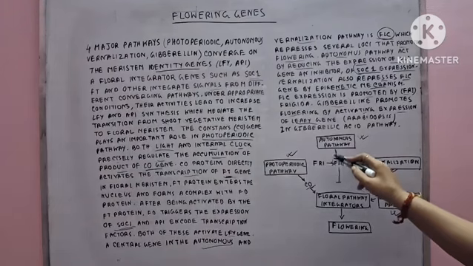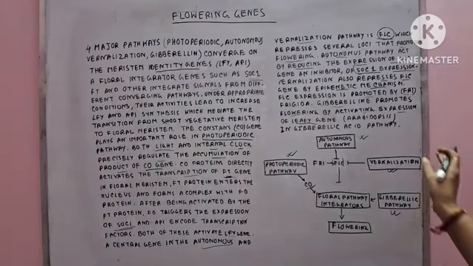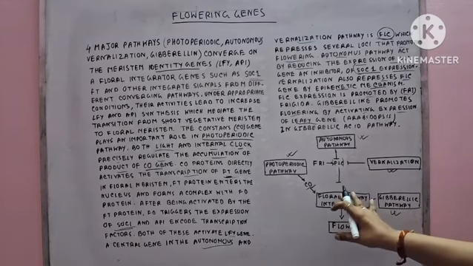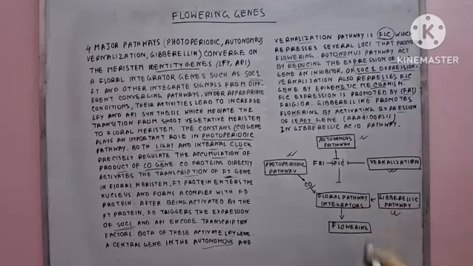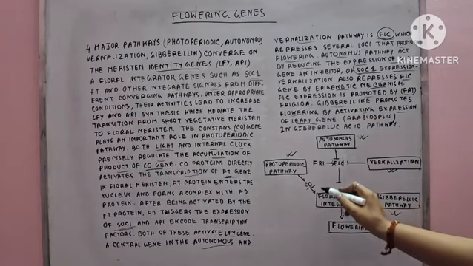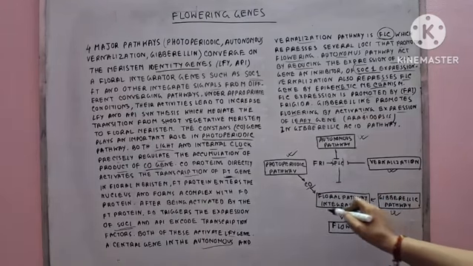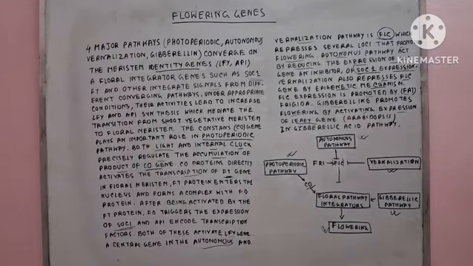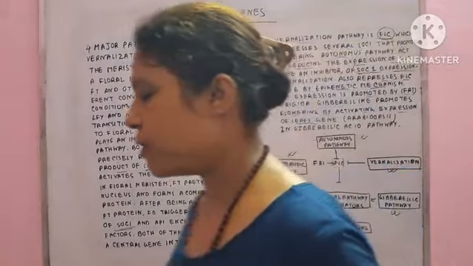Here also the activity of the FLC is stopped, and in that way the floral pathway integrators are activated. And in the gibberellic acid pathway, gibberellin directly plays an important role in the induction of the floral pathway integrators. Clear? And if this integrators pathway becomes activated, the flowering process will continue. This is the important thing of the flowering process.